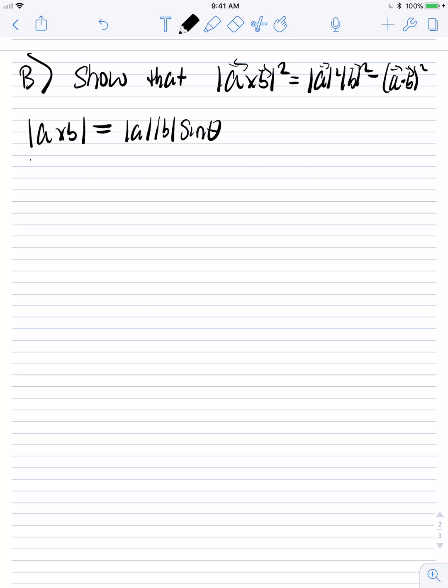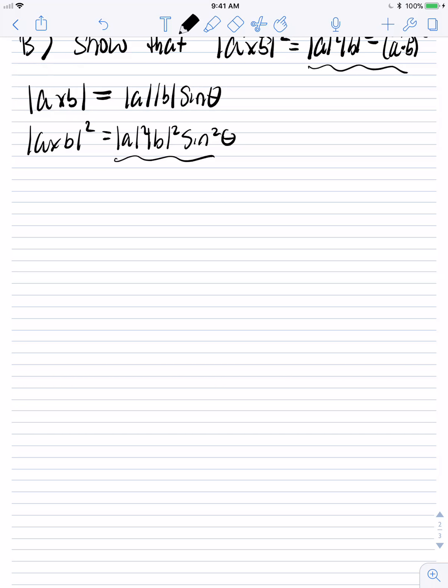So that means if we square both sides, we get magnitude a squared, magnitude b squared, sine squared theta. So this part right here looks a little bit like this part right here.